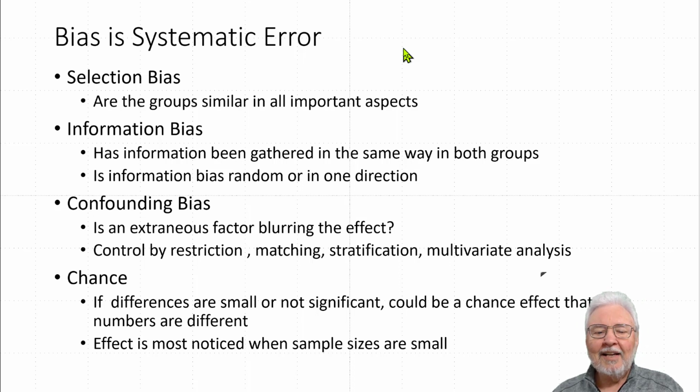Another type of bias is confounding bias. That's kind of like the Goldman example, where there's an extraneous factor out there, this extra factor of corneal thickness. It's kind of getting in the way of this measurement. And you can control that confounding bias by restricting your sample.